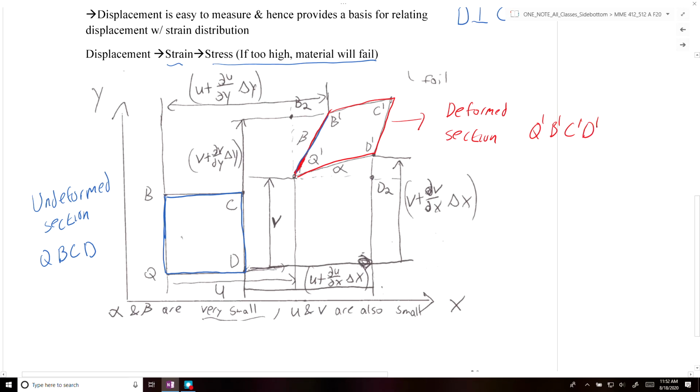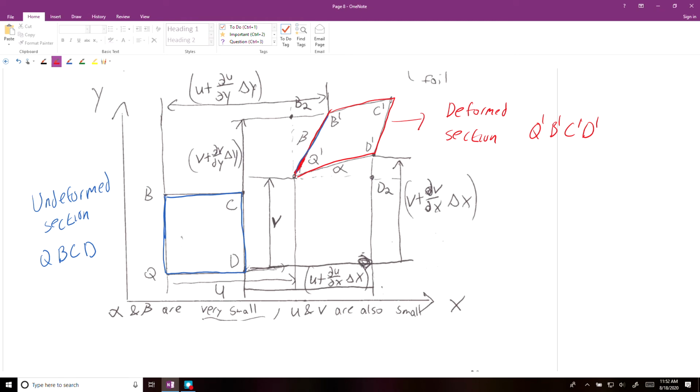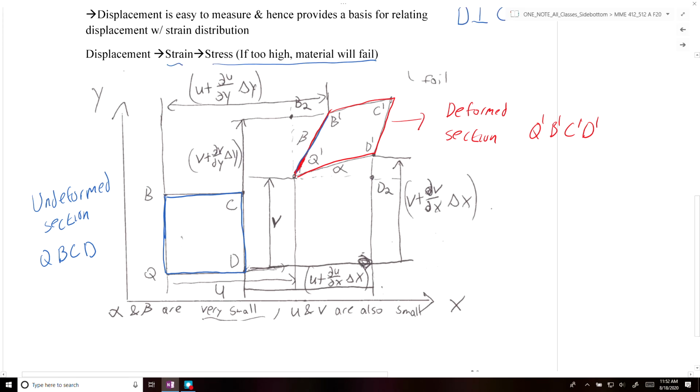We're going to say that the displacement in the x direction we'll define with the letter U, and the y displacement we'll define with the letter V. Now there is a W, which is the z displacement, but we're not going to talk about it in this video.